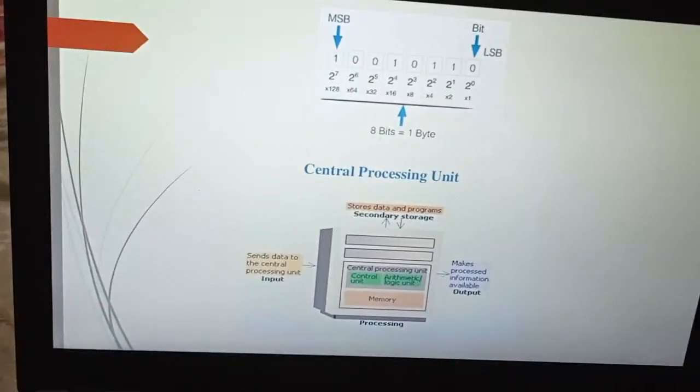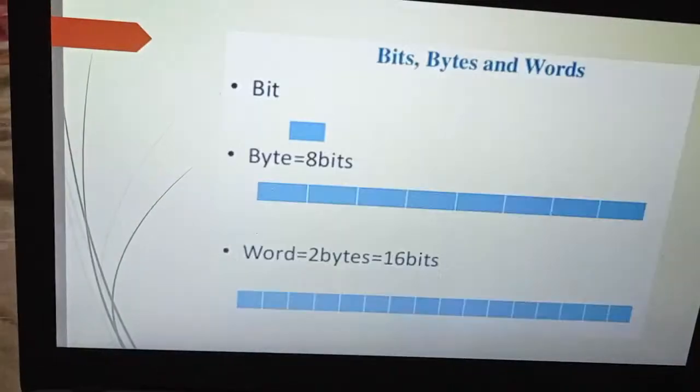Bits are numbered again starting from 0 to 15, because it is a group of 16 bits. So this is a bit, an individual bit, and a byte, a set of 8 bits, and 16 bits, which is 2 bytes.